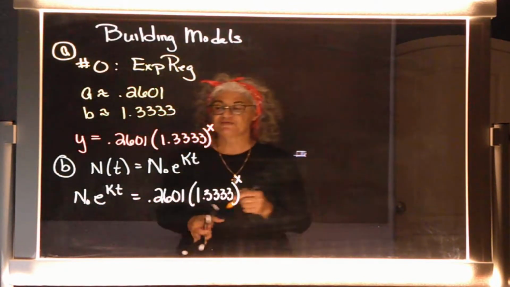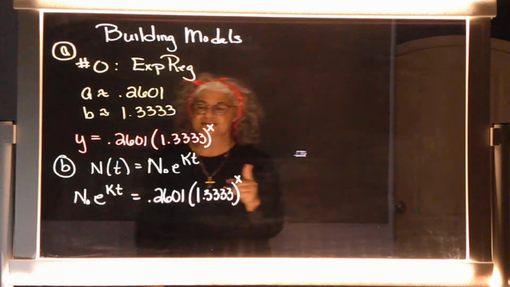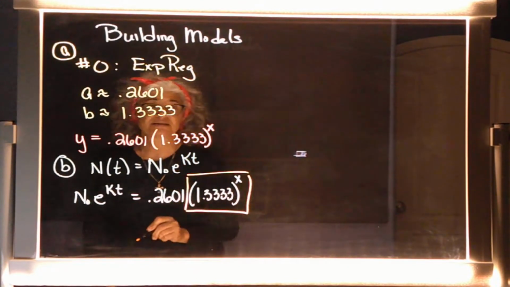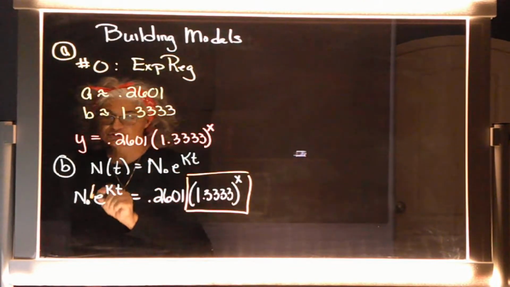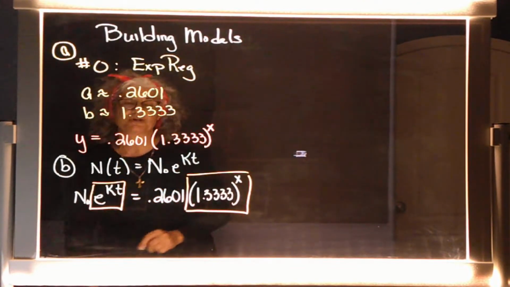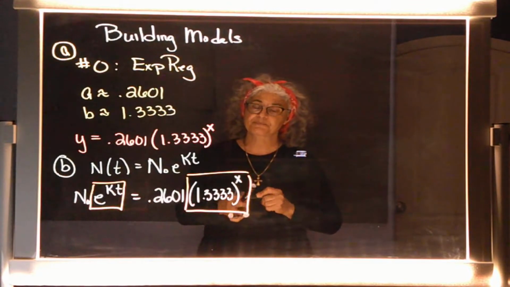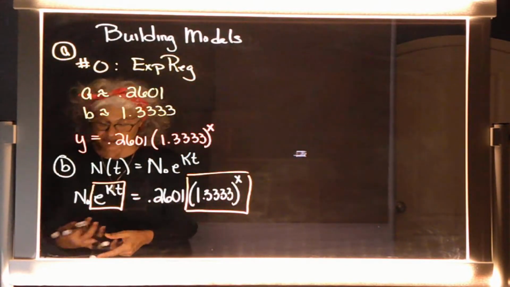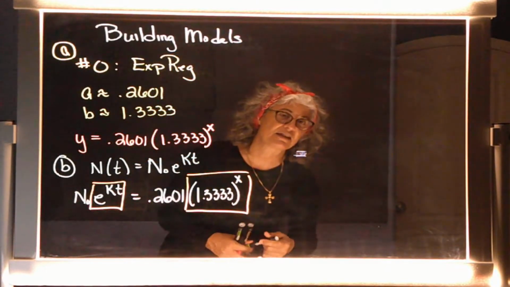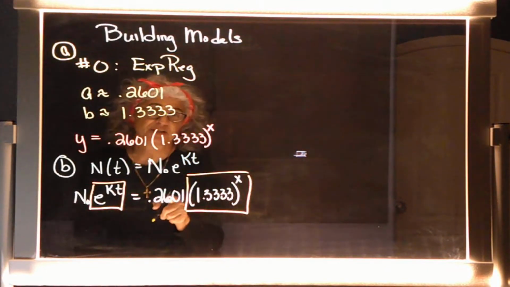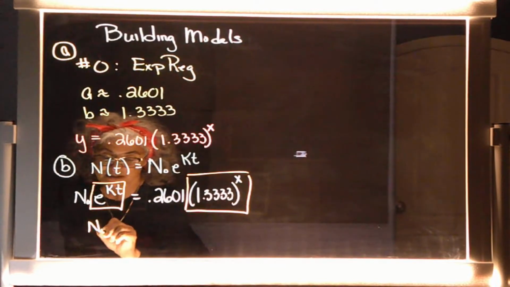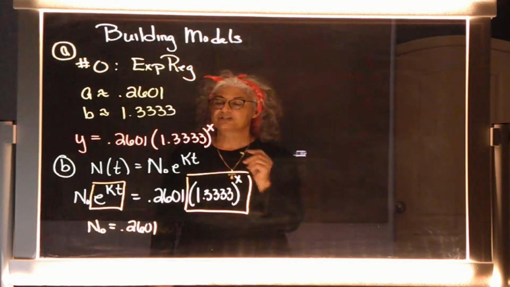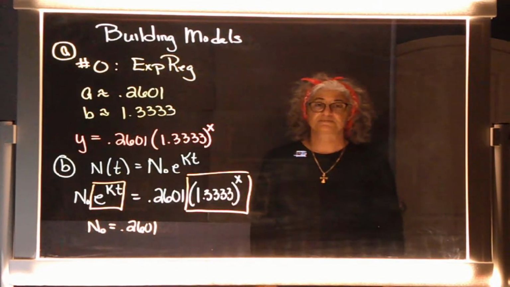What I'm noticing is this is the exponential part, right? And since this is equal, it should be equal to the other exponential part. Are you with me? Which means this N sub 0, the initial amount, needs to be equal to this 0.2601. So I just found that initial amount.